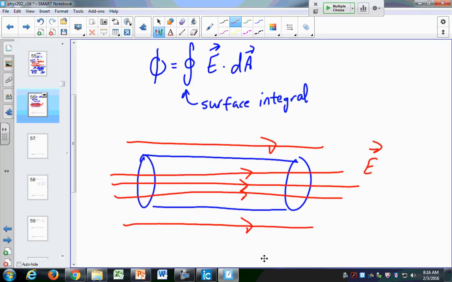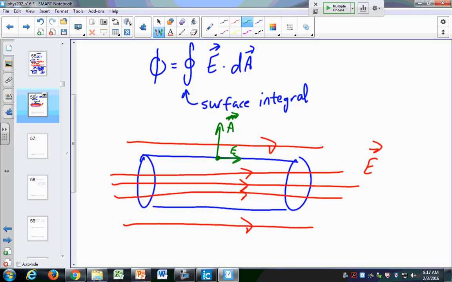Okay, so I can imagine our flux. At each point, I have an electric field vector. So right here, my electric field vector is in that direction. What is the direction of my area vector in this case? It points straight up. The area vector is always perpendicular to the surface. So my area vector is in that direction.